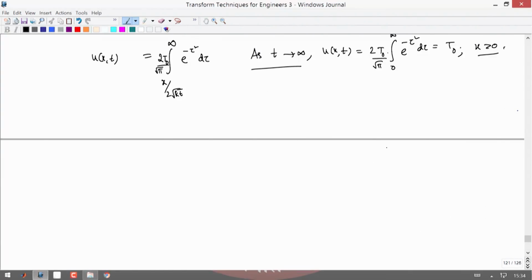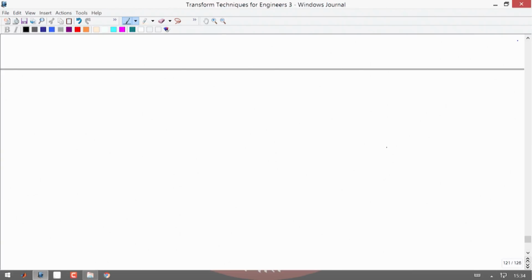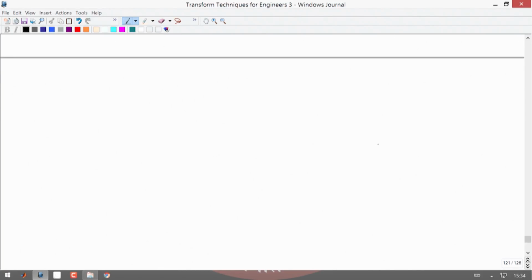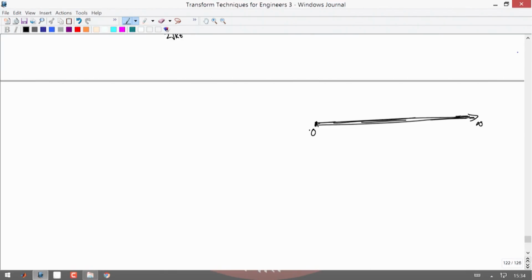So this is how you solve this initial boundary value problem. Let us look into something very similar to this problem: if you change the boundary condition at x equal to 0, instead of pumping the temperature at this end, you can just insulate it, for example, or you allow the flux, that is, you allow the heat to go inside.